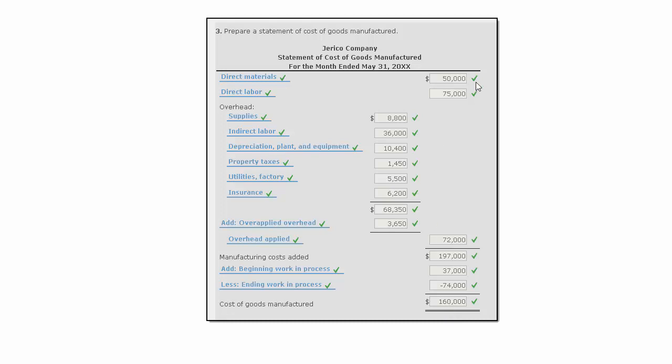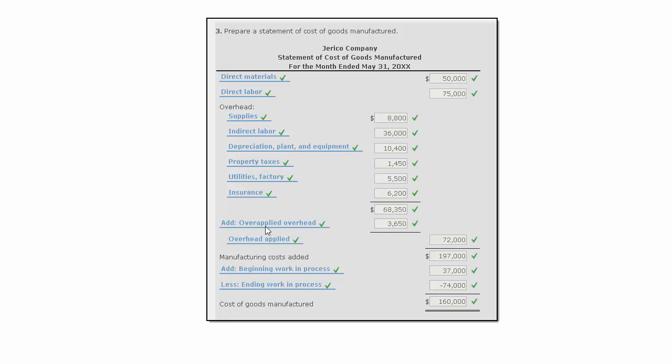Okay? So all of these came from the T accounts, either the information that was provided or the new balances that you calculated, right? And in this case, they tracked separate overhead by supplies, indirect labor, depreciation, property taxes, but all of that will be added together to show what overhead we had, as well as any over-applied or under-applied overhead.